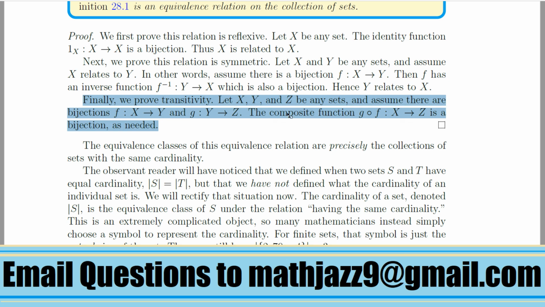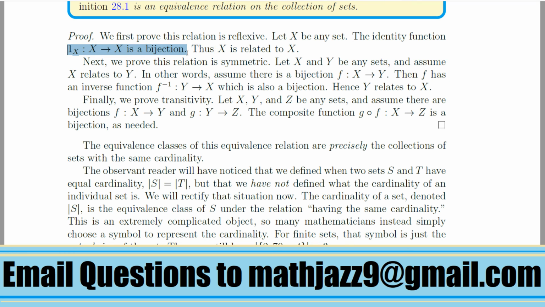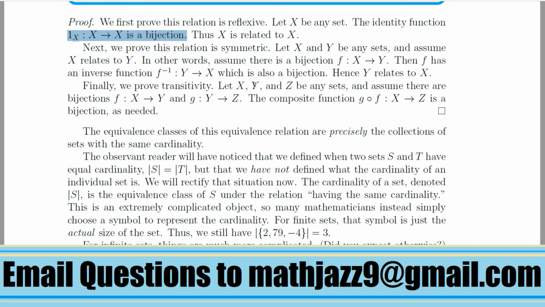And transitivity: we take the composite function. We get a bijection, and we're done. That's it. Now, they did not prove that the identity was a bijection. I'm assuming that's probably in the section of the book on surjectivity, bijectivity and injectivity, so they probably proved that earlier. We proved it ourselves here, and that's okay.